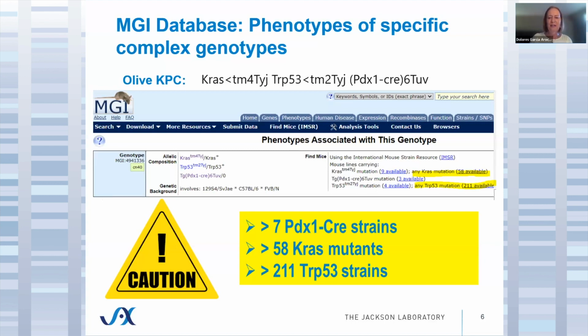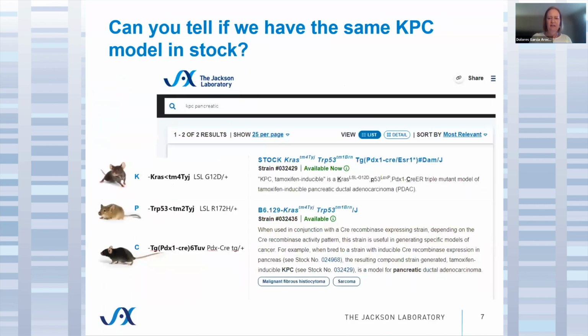So on the next slide, I just wanted to share, for example, I went to the Jackson Laboratory and typed KPC pancreatic, and I only found 2 different strains, meaning we don't have the Olive Lab's model already made.